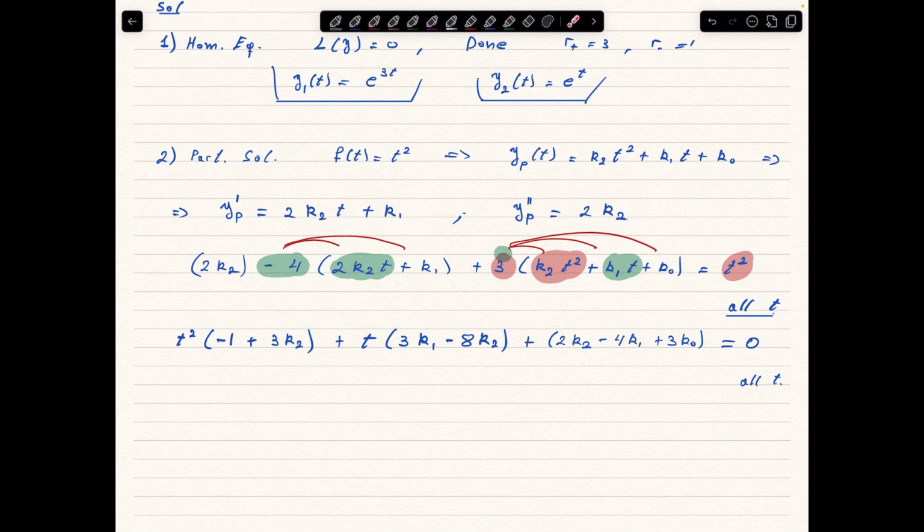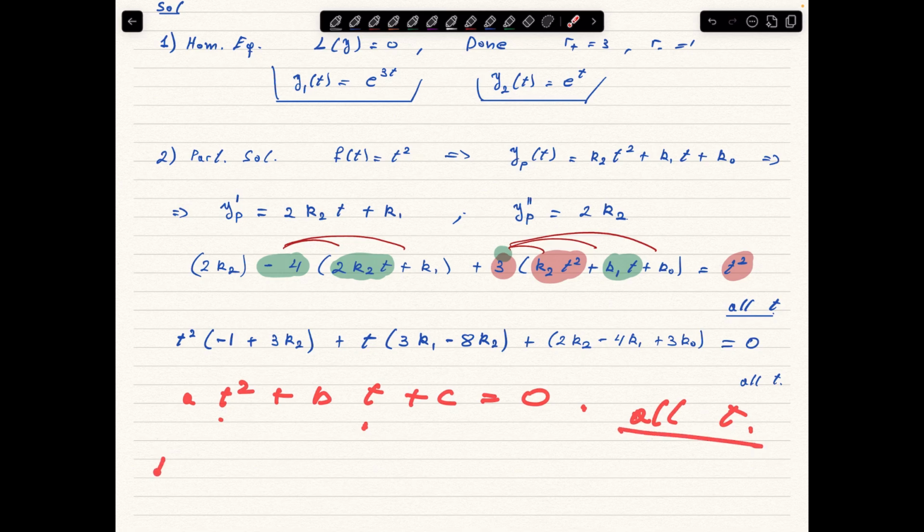This is a polynomial of the form at squared plus bt plus c equals 0. But we are not looking for the solutions for t. So we don't use the quadratic formula, because the quadratic formula gives us t. And here what we are saying is something different. This equation is 0 for all t.